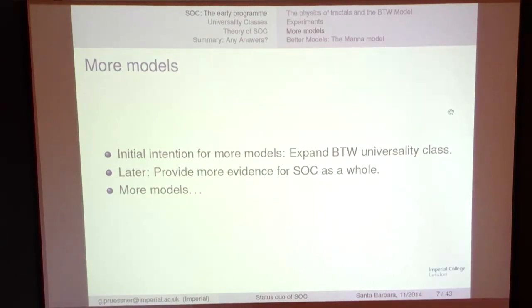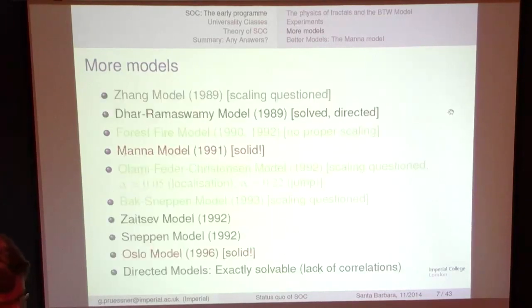So initially, in particular, the Zhang model and the Manna model, which both appeared in the late 80s, early 90s, they were meant to be about the BTW universality class. So the 91 paper by Manna makes explicit reference to the BTW model, but it turns out that it's not in the same universality class.